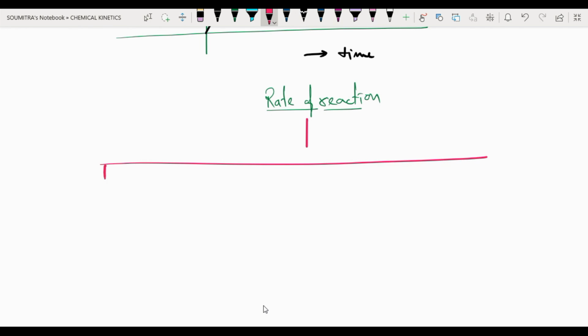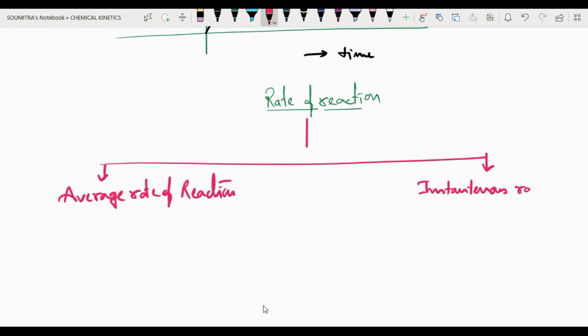One is the average rate of reaction, and another is the instantaneous rate of reaction.